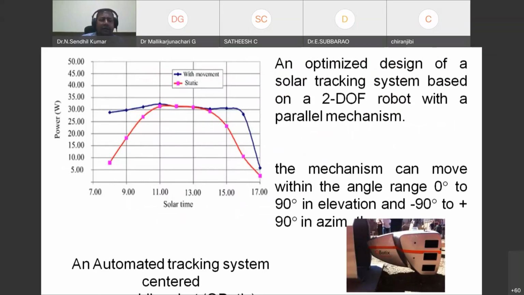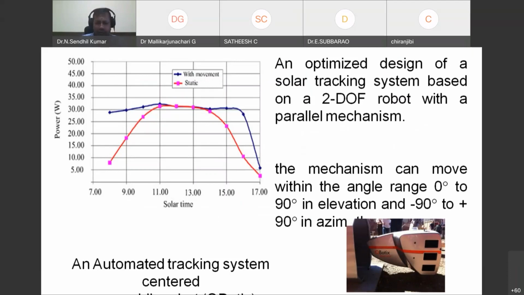Compared to static systems, if you deploy the robotic tracking system, your power production will be more, either in PV or solar thermal. So we can use robotics effectively in the tracking system, as well as in the cleaning system, in assembling, and in the manufacturing of PV cells, such as cutting of the wafers, assembling of the wafers, and assembling of the PV panel.